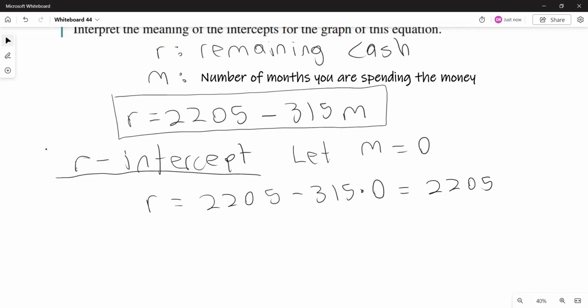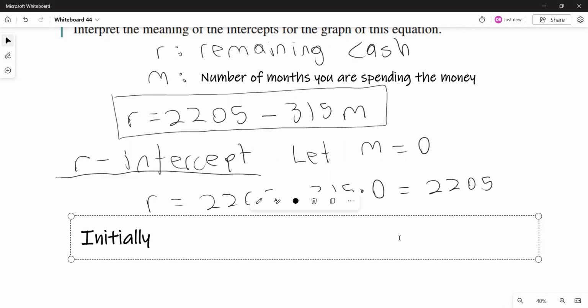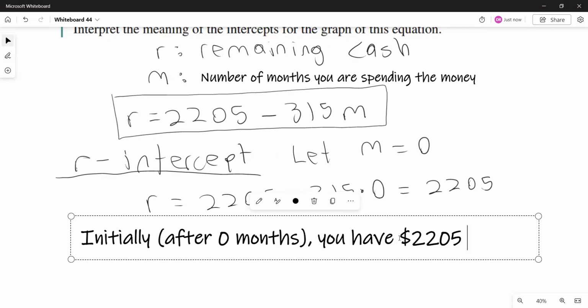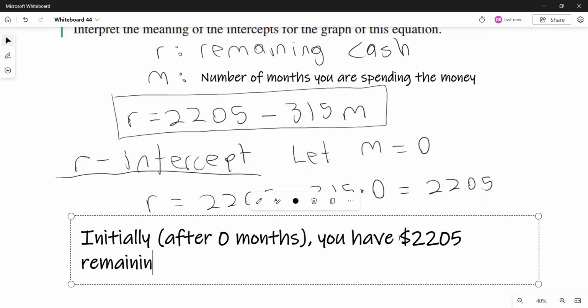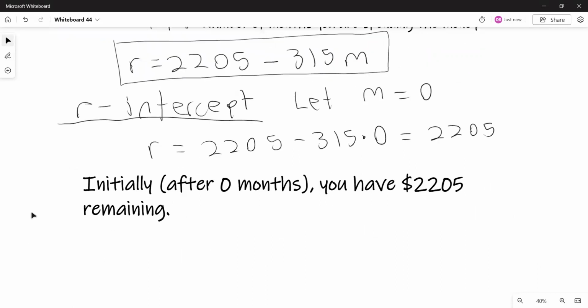So that's what we already knew, that initially, that is after 0 months, you have $2,205 remaining. So that's the R-intercept.